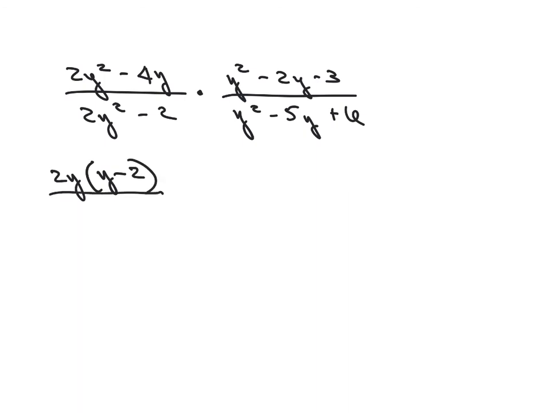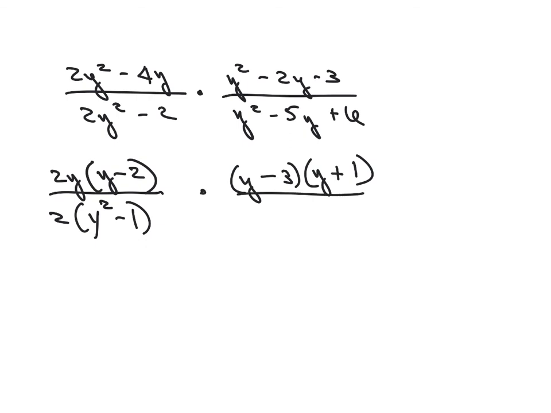And that's going to be over 2 times y squared minus 1 times, divide this into two binomials, a y, we've got a 3, and a 1 plus minus, and then we've got this here, that's also going to break into two binomials, a y, and we'll do a 3 and a 2, both of them minuses.